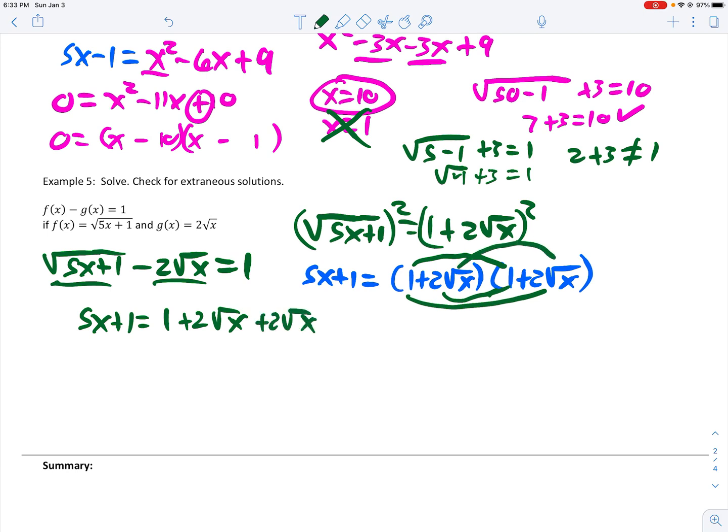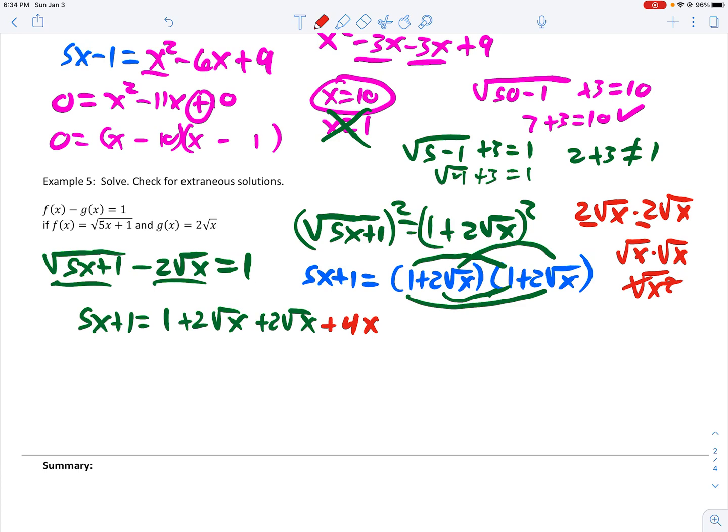And then outside. So this is a tricky one. So please make sure you're paying attention. 2 root x times 2 root x. 2 times 2 is 4. Root x times root x is root x squared. But the square root and the square reduce, so you just get x.